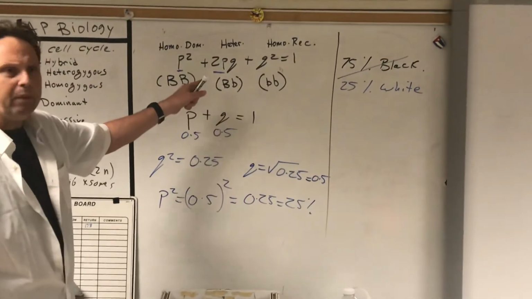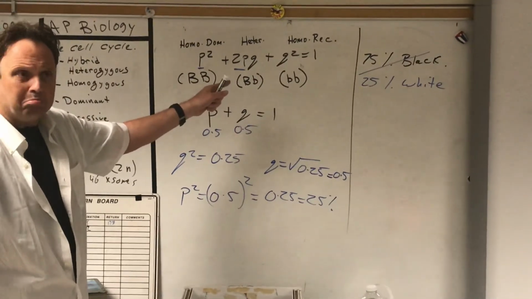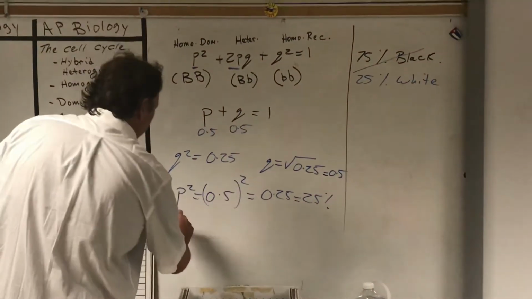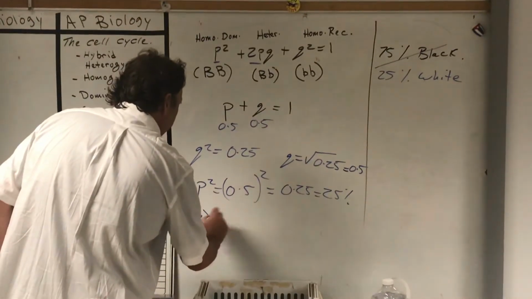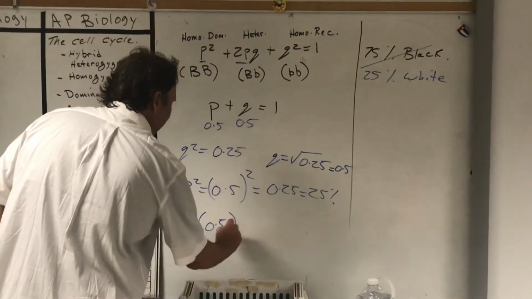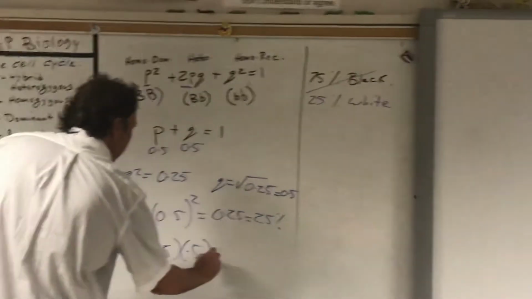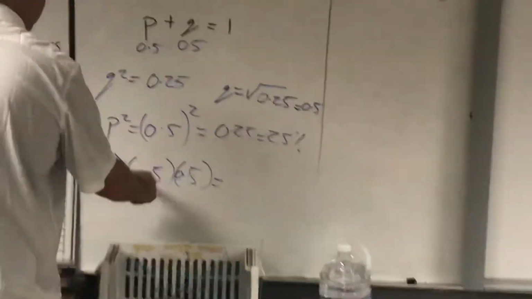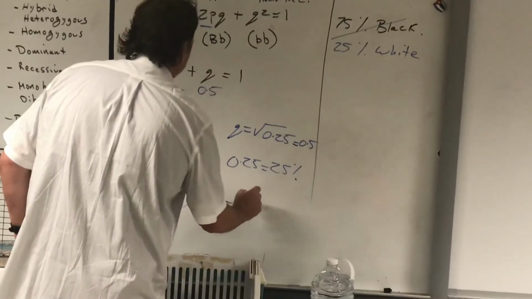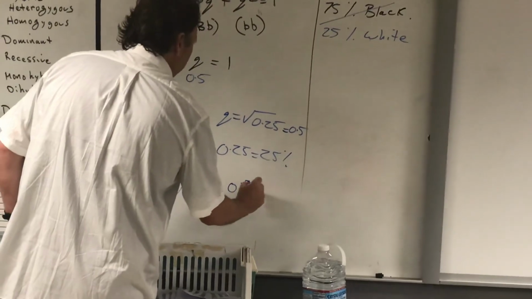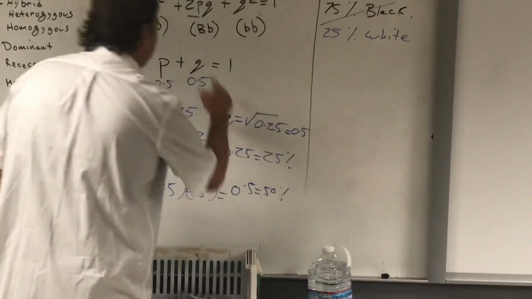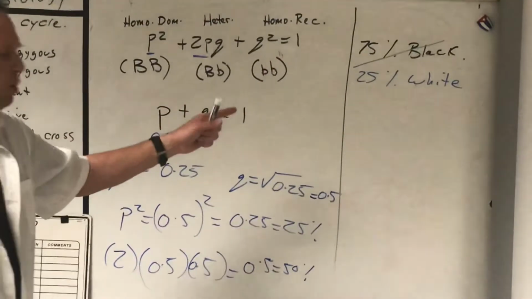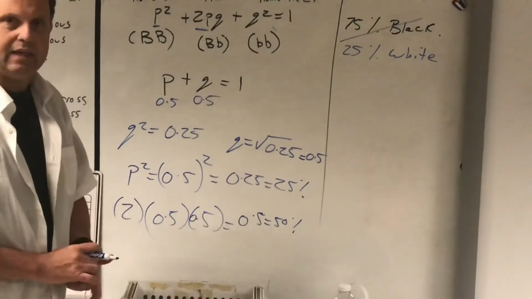What percent of my population is heterozygous? Okay, it's 2pq. So it's 2 times p, which we said was 0.5, in this case they're equal, times q. And so 2 times 0.5 times 0.5, so that's 0.25 times 2, so we'll come back to 0.5, or equals 50%. So 50% is 2pq, and then q squared would be the same as that, so it's 25%.